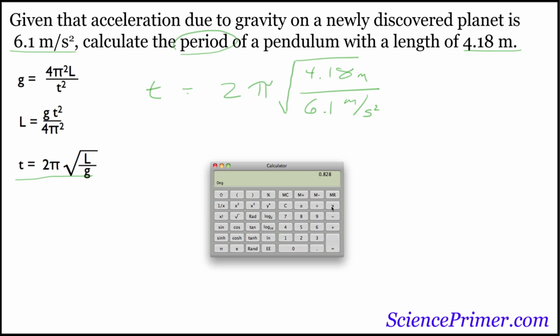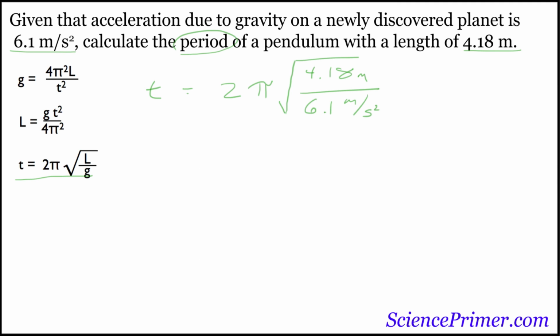We'll then multiply this by 2, and then multiply by pi to get the final answer, which is 5.2. So coming back to here, this equals 5.2.